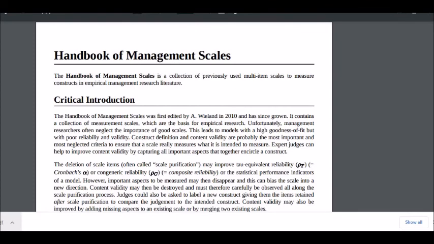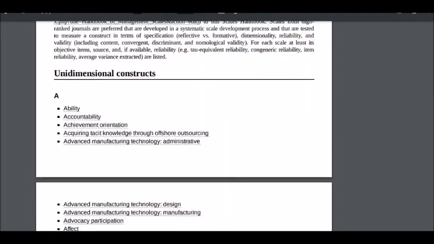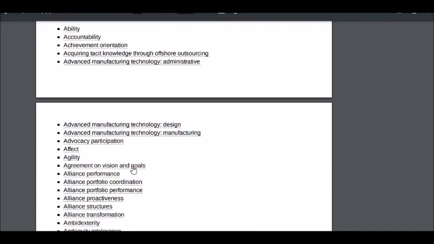He has discussed so many things out here. Now I want a book to be created which has all these scales with me. So what I can do is go ahead and click from the original one.